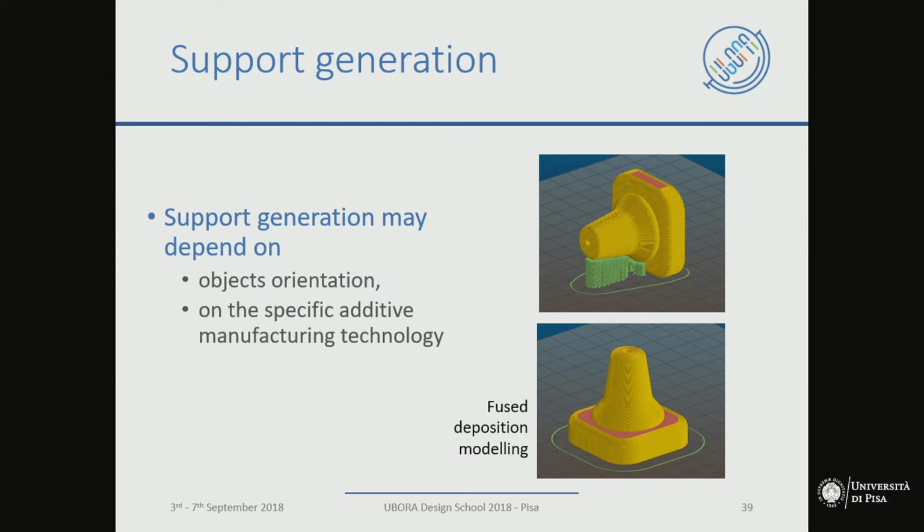It can depend on how it is placed, and placing the object onto the deposition plate gives you different mechanical properties, because the layers, so the object, are laid down in different paths.